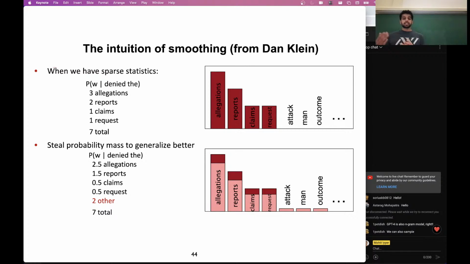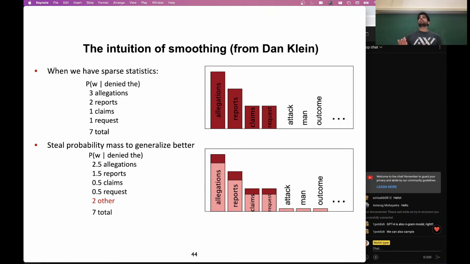You might imagine ways to better distribute this count, maybe not evenly distribute, but rather, what if we know that all of these are plural nouns? Then maybe we should only distribute this count to other plural nouns in the data set and ignore all other types of words. So there are many different strategies you could think of for smoothing.